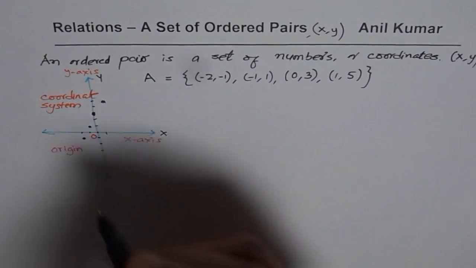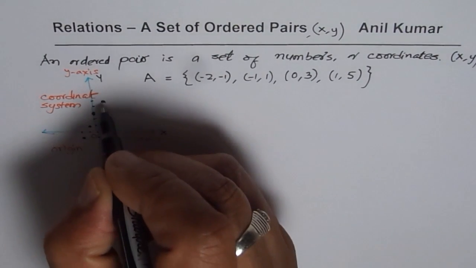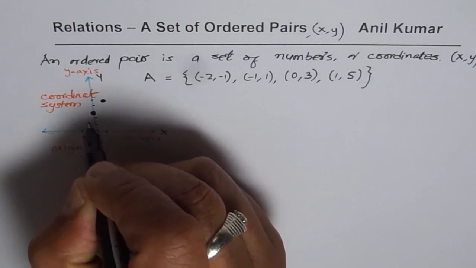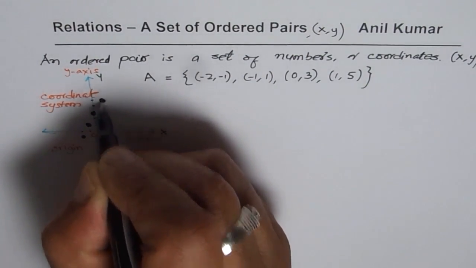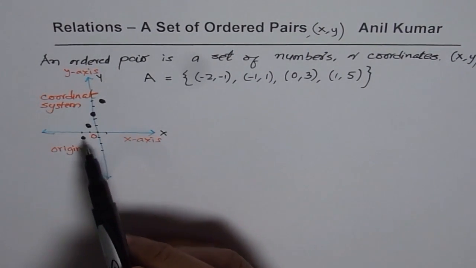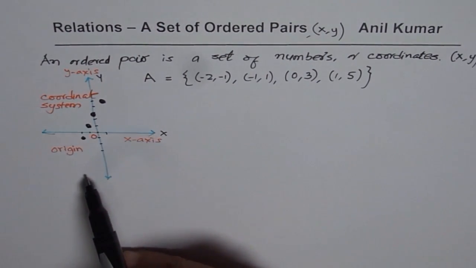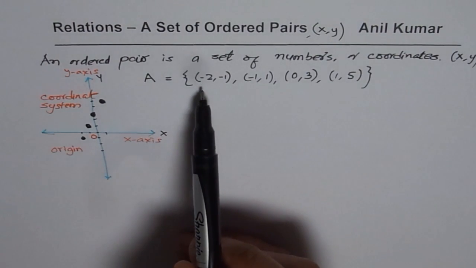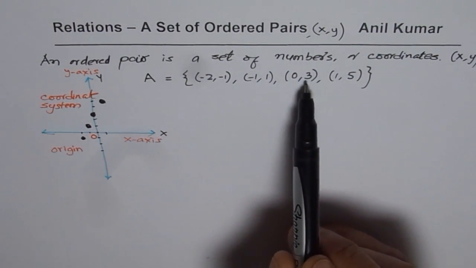We are not joining these points as they are independent points. Let me show them big and bold. So these 4 points are represented on the coordinate system, and their coordinates are -2, -1, -1, 1, 0, 3, and 1, 5.